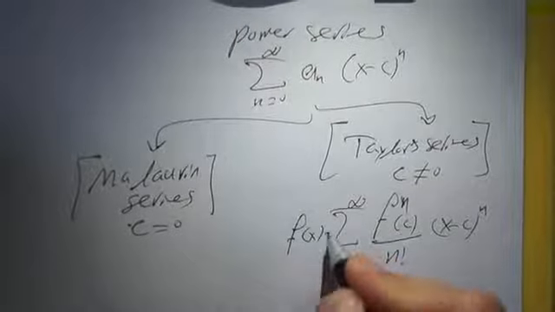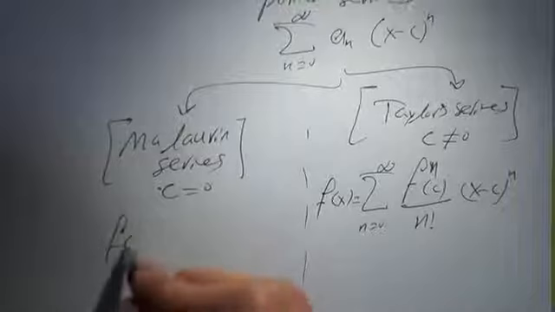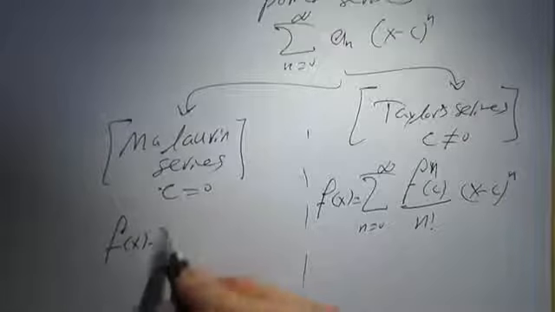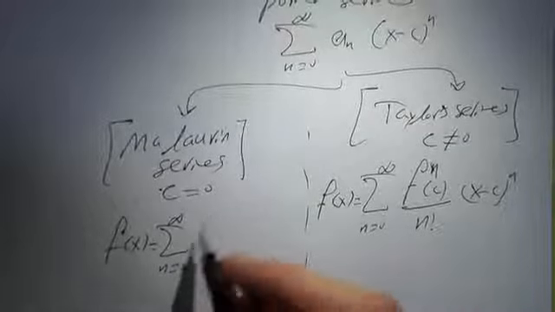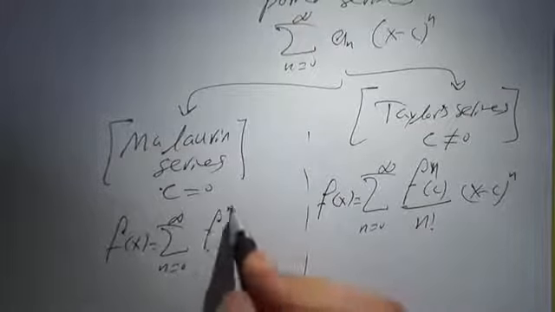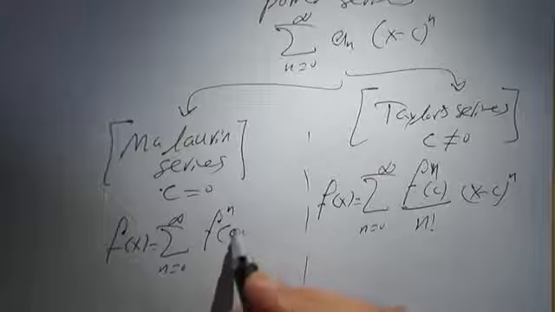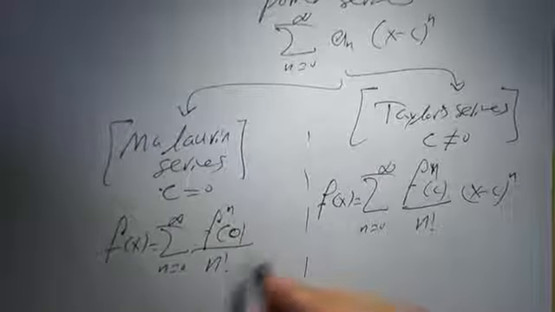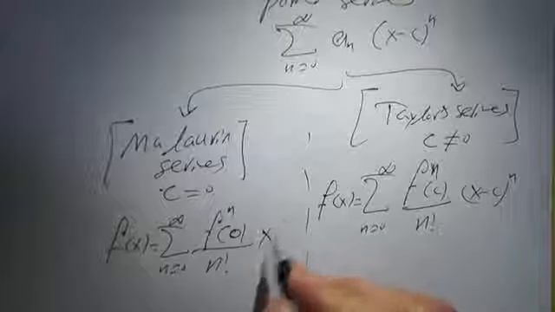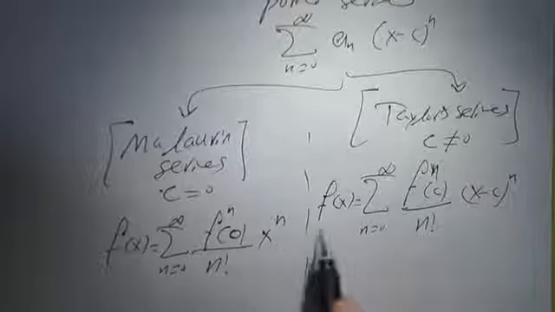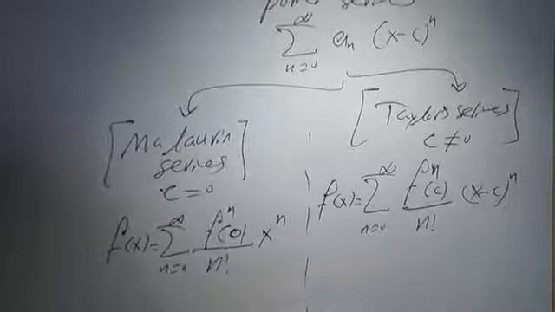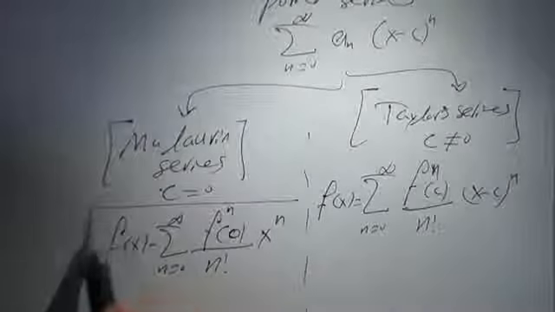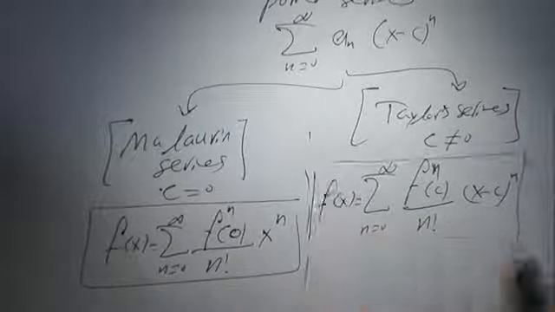هذه هي الـ f(x) تصبح، وهنا يكون لدينا f(x) تساوي sum n equals 0 to infinity المشتقة n عند الـ 0 مقسوم على n factorial. هنا يصبح لدينا x أس n، لا يوجد x minus c because c is said to be 0 لأن الـ c هنا 0. فهذه نطلق عليها Maclaurin series، هذه نطلق عليها Taylor series.